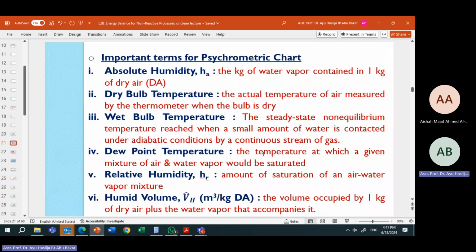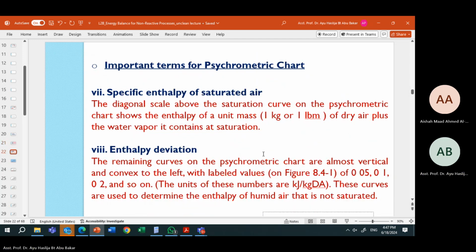Dry bulb temperature, the x-axis just now. Wet bulb, dew point. Just now you also have the axis for dew point. Then relative humidity, humid volume. From that psychrometric chart, these are the values that you can extract. Specific enthalpy, and also the enthalpy deviation.